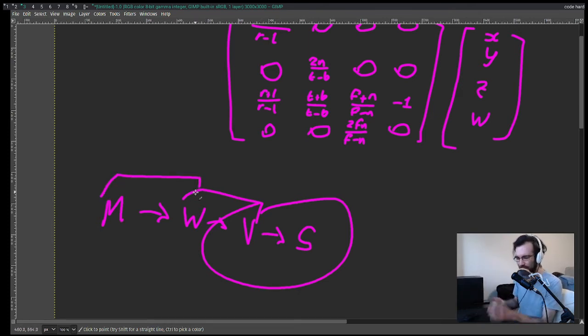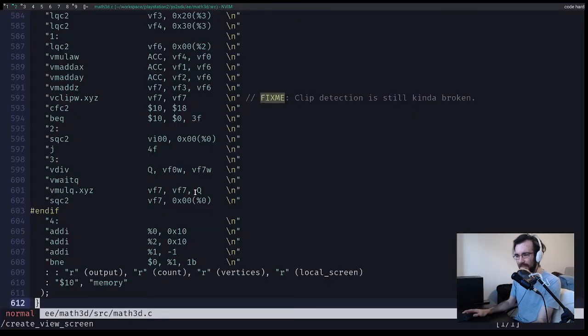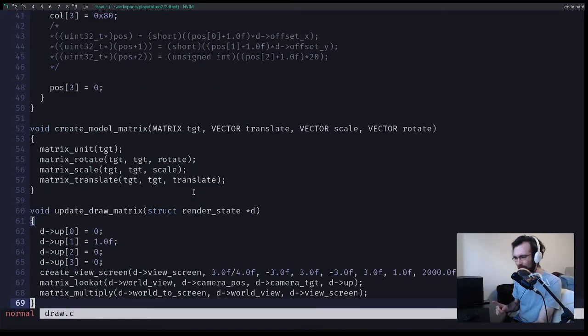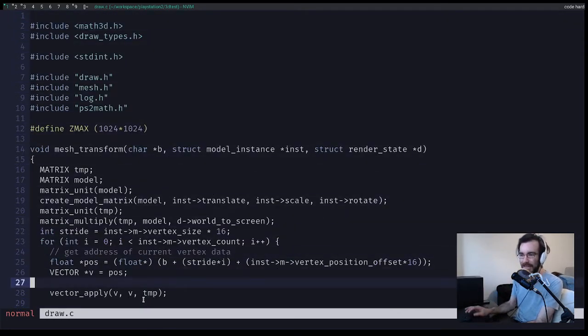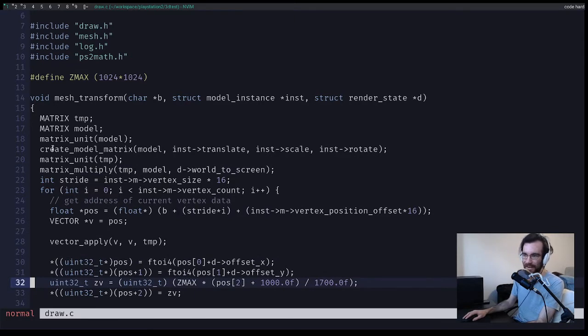This is just your translation, scale, rotation, and I think I'm multiplying them in the right order. That's also very important. I'm multiplying our world to view by view to screen to get the world to screen matrix. And then for each mesh we're drawing, we're creating a model matrix, and then multiplying that by our world to screen matrix.